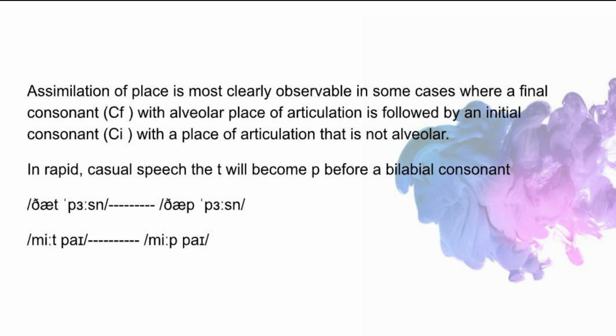The first one is that person. That has a final consonant which is t, and we saw that the t sound is in the alveolar place of articulation. But then person has the p, and that p sound is a bilabial consonant.